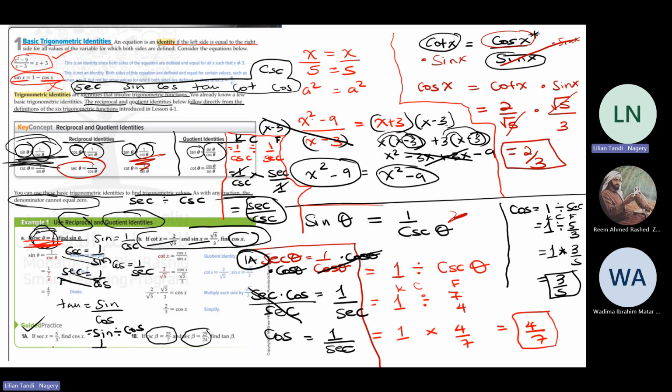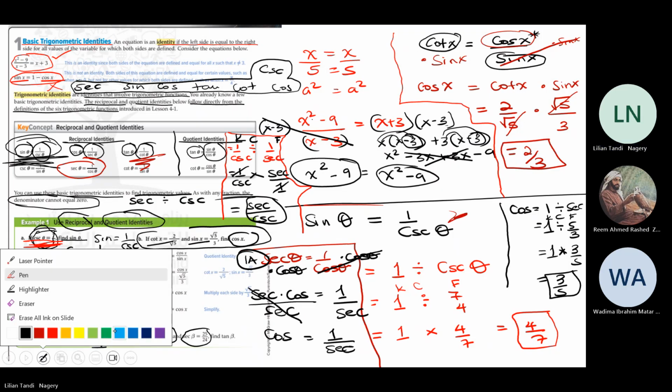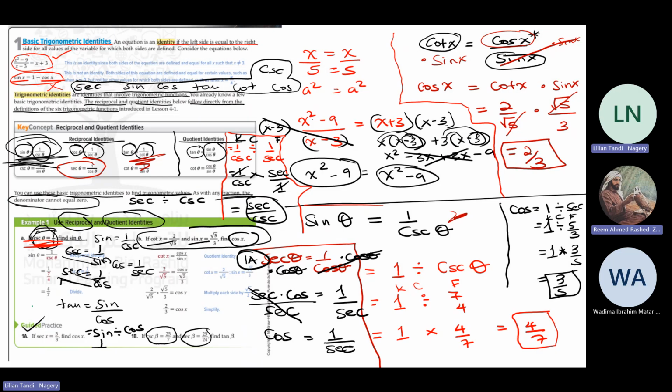Now, do I know my sec? Yes. What is it? 25 over 24. Let me use red. 25 over 24, divide. What's our cosec? 25 over 7. Divide 25 over 7.